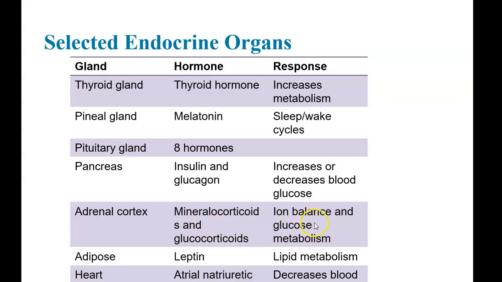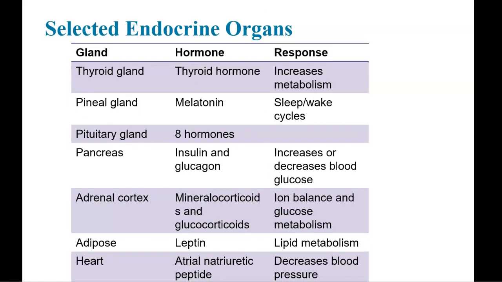And these are involved in ion balance and glucose metabolism. Then there's adipose, which has leptin, which is involved in lipid metabolism. And then there's the heart, which secretes the atrial natriuretic peptide, which is involved in decreasing blood pressure. Okay, so again, you do have to know these glands that I listed, the hormone, and the response that they have.